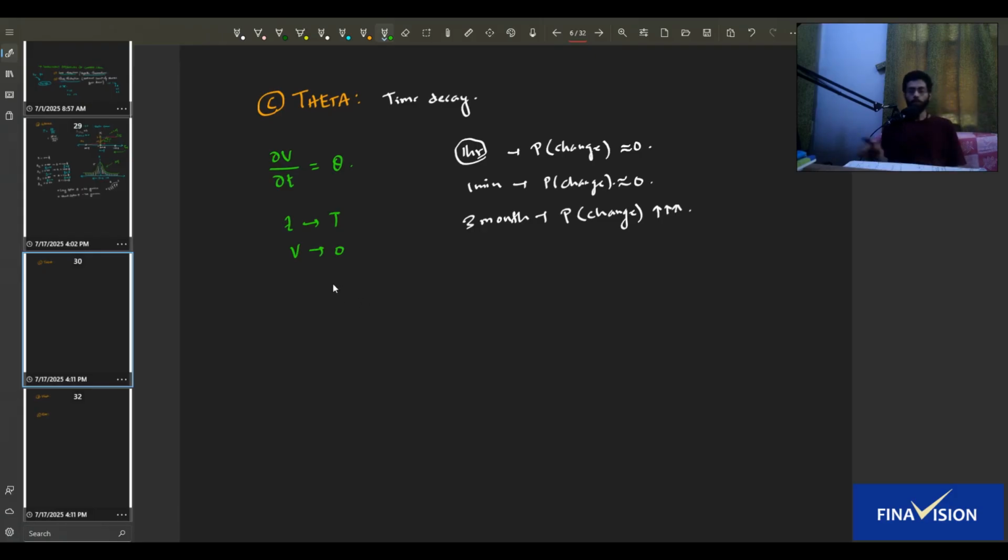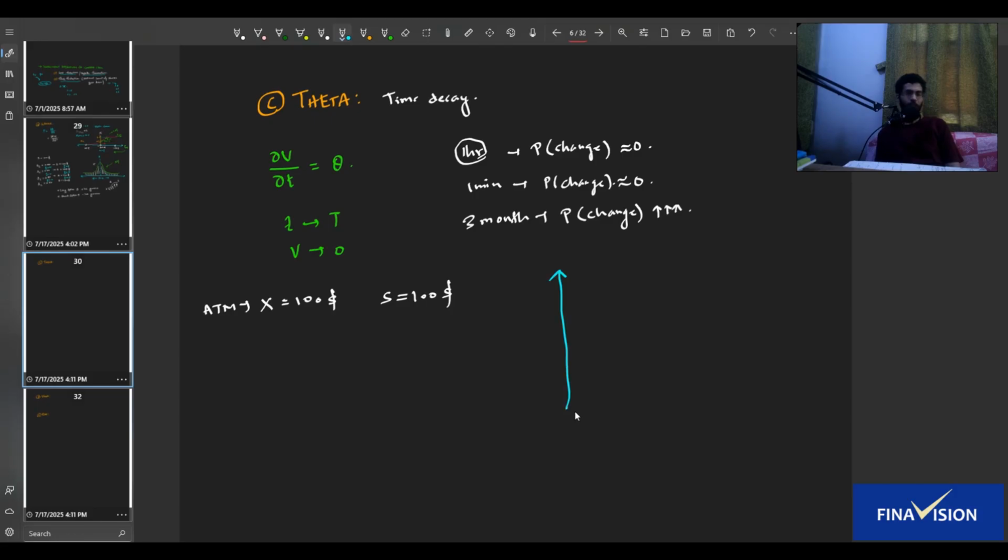Let me write it down. Let's say the strike price is $100 for an option, and the underlying also has a price of $100. So this is an ATM option, right? Now how will the curve look?